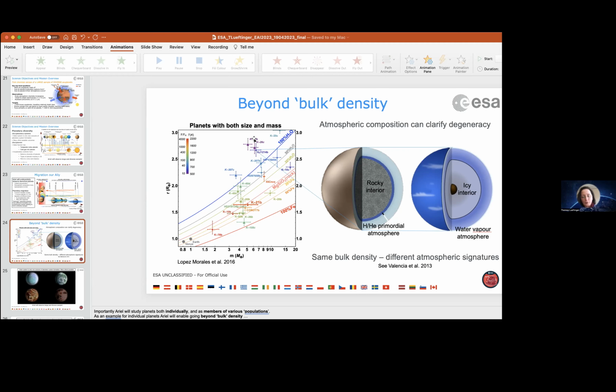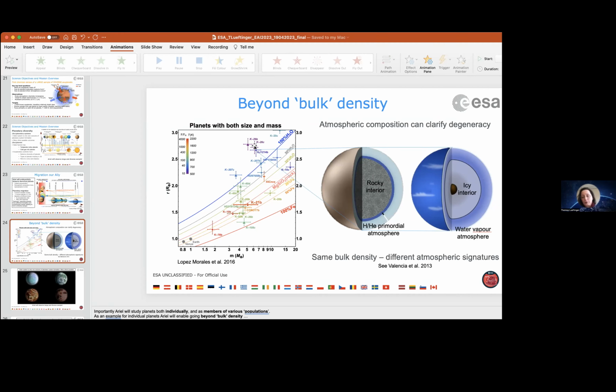So if we just have the diagram here, we wouldn't be able to say a lot about the difference between these two planets, although, as we see in the picture, they might be very different in the end. Both planets could have a rocky interior and hydrogen-helium primordial atmospheres, or a water vapor atmosphere and icy interior. So both of these very different planets would give us the same data point in that diagram.